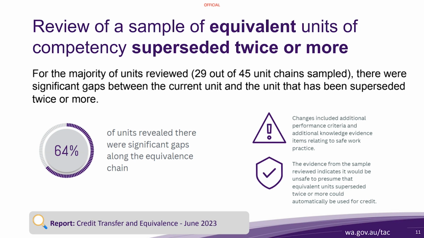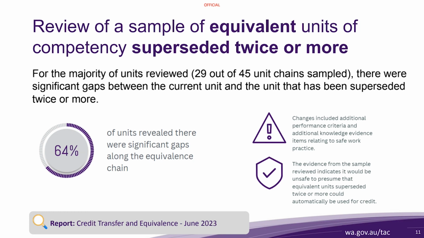And under those circumstances, it would be very risky to simply award credit automatically. So what we found was that there was a significant risk in assuming that the process of automatically awarding credit would be safe.